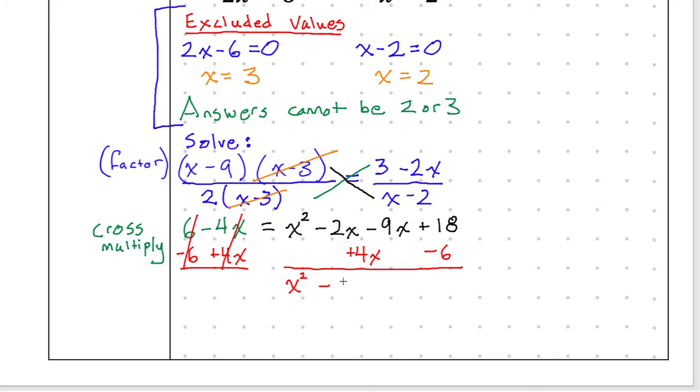Ooh, careful. So I agree that negative 9 and 4 makes a negative 5, but you also have this negative 2. So minus 5 minus 2 is? Yep, minus 7x. Good. And finally? Plus 12.